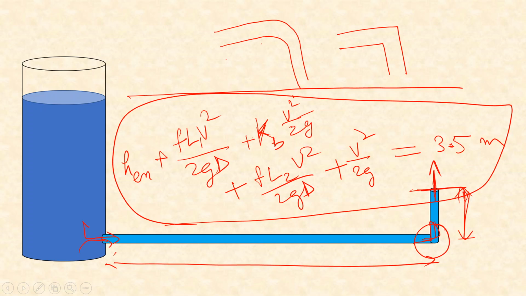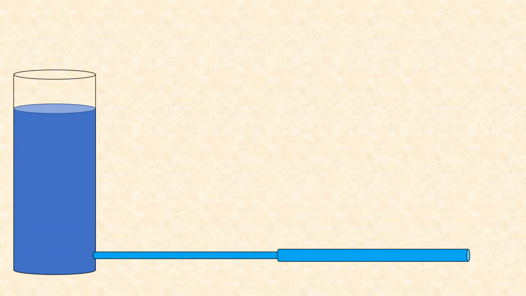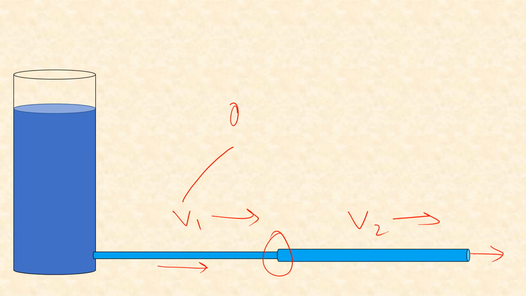Now let's go to another example. It will be a similar example, but the only thing is this is an expansion and you have to take care of two velocities, V1 and V2, in these two pipes. Since you cannot solve this directly, you can express this as Q by A1 and this as Q by A2.